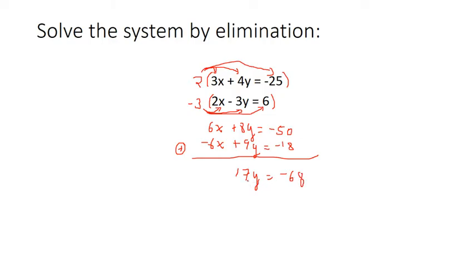Next step is to divide each side by 17. So if I divide by 17, I'm going to end up with y is equal to negative 4.